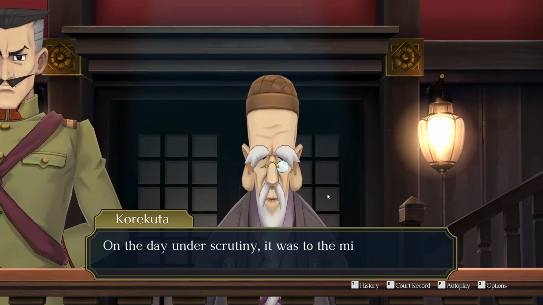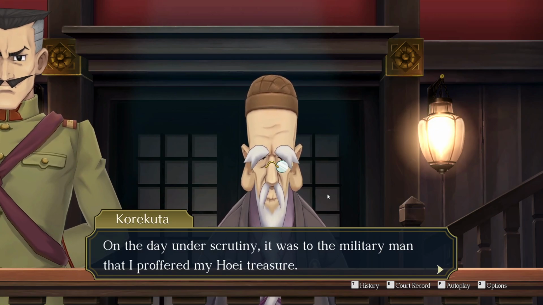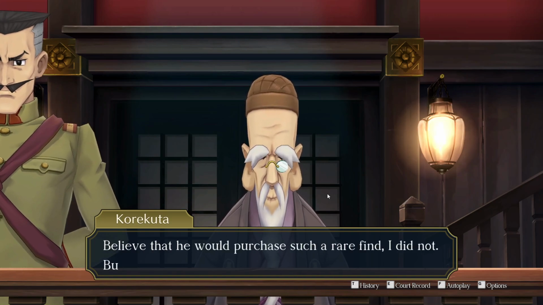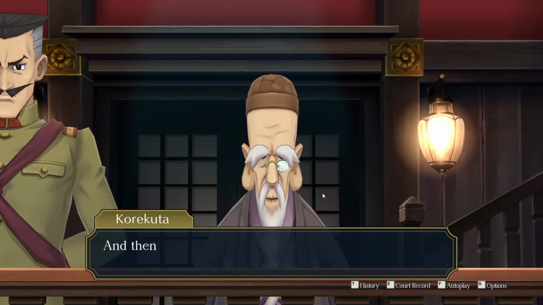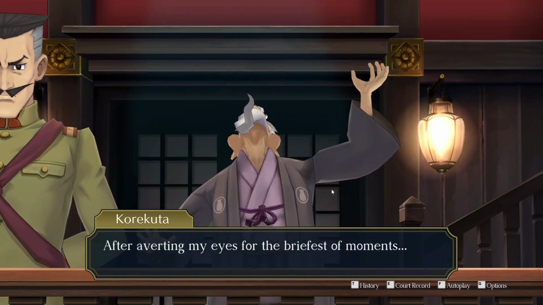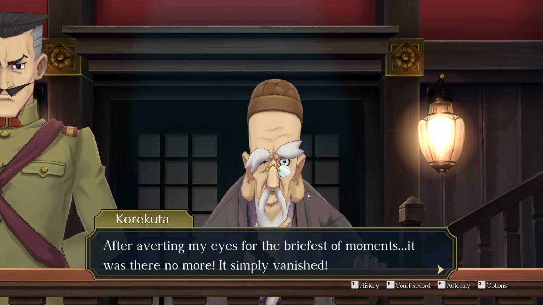On the day under scrutiny, it was to the military man that I preferred my Hoi treasure. Believe that he would purchase such a rare find. I did not, but I was presented with little alternative. And then, after averting my eyes for the briefest of moments, it was there no more. It had simply vanished.